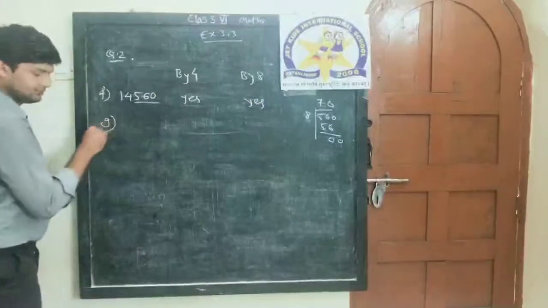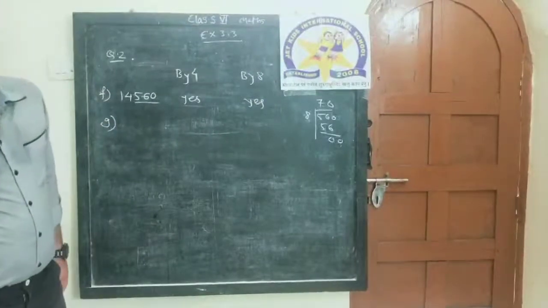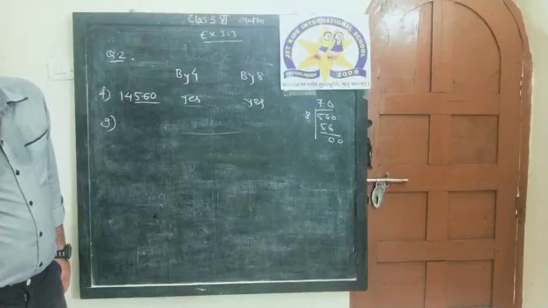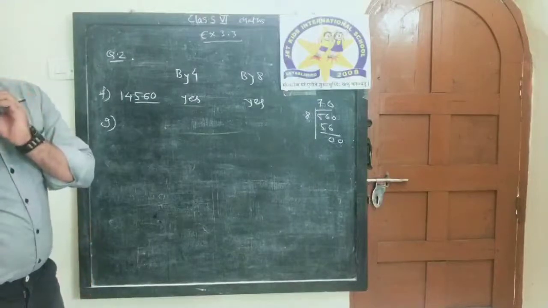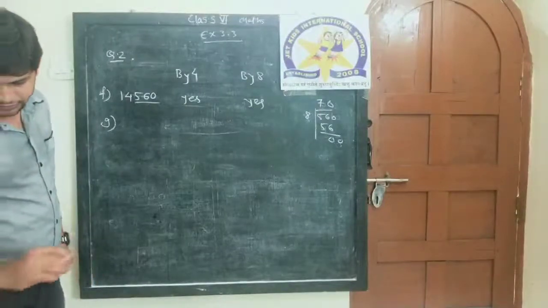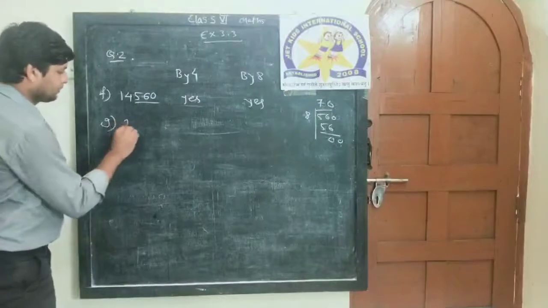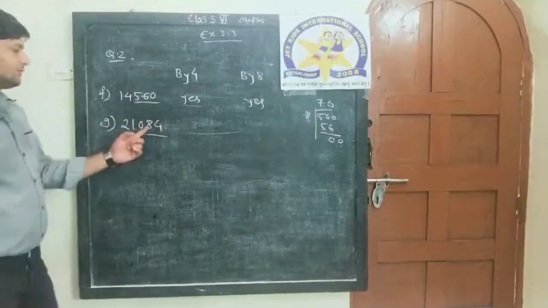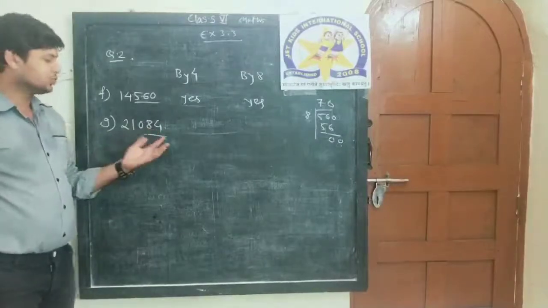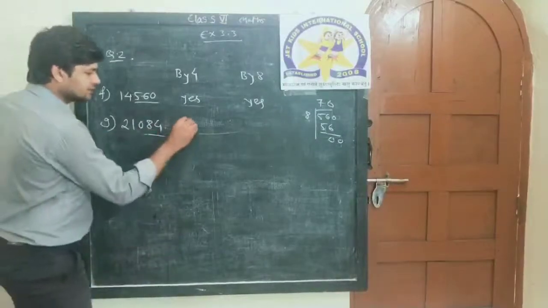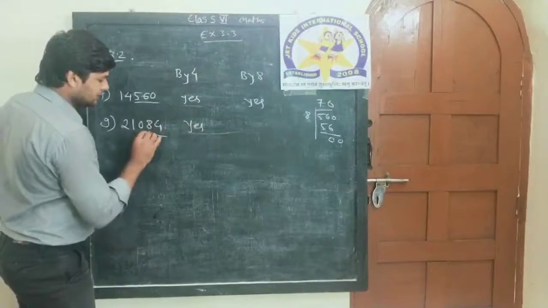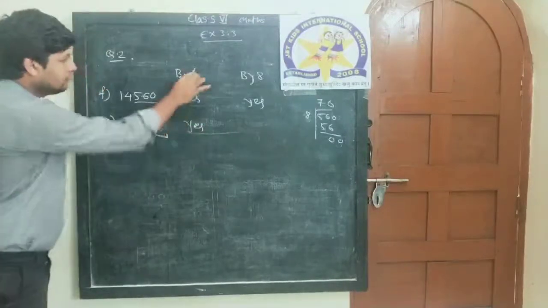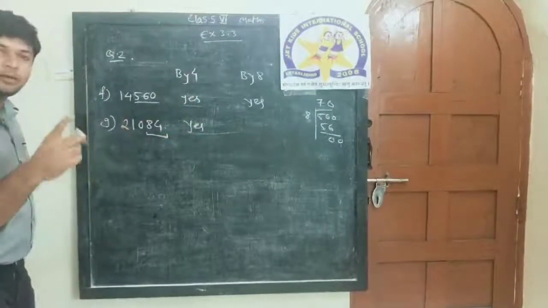G is 21,084. 84: yes, 4 2s are 8, 4 1s are 4, that means 21. Right? Yes, these two digits are divisible by 4, that means the whole number is divisible by 4.